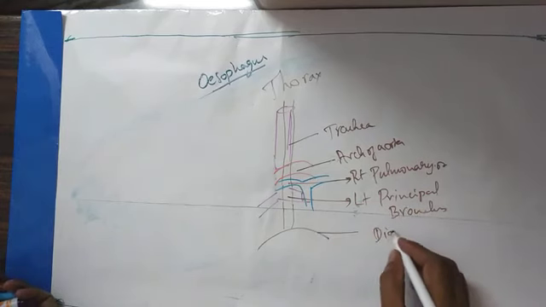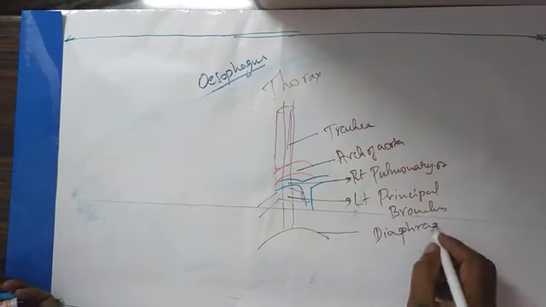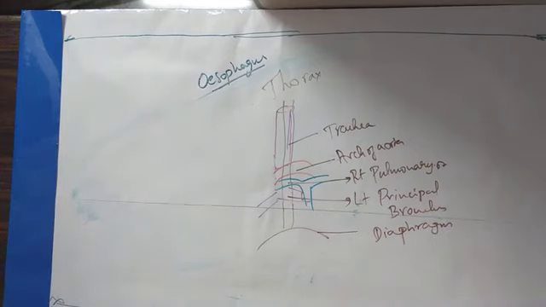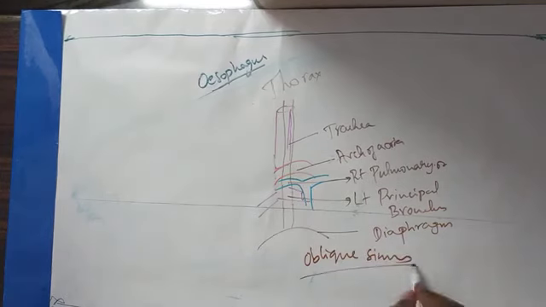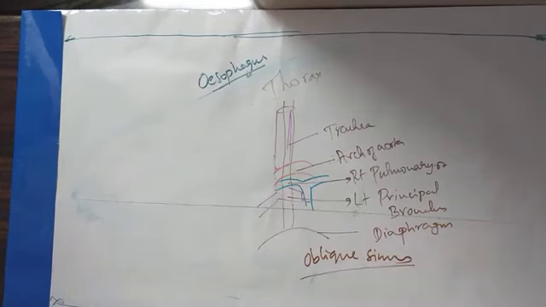This will be diaphragm. And apart from that, when you have seen the cardiac sinuses, there you have seen a sinus called oblique sinus. So this oblique sinus will be separating your esophagus from left atrium. So in this, even left atrium is an anterior relation for your esophagus. So these are about the anterior relations.